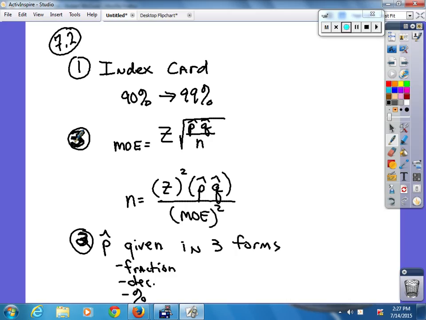And usually when I say a fraction, hold on a second.